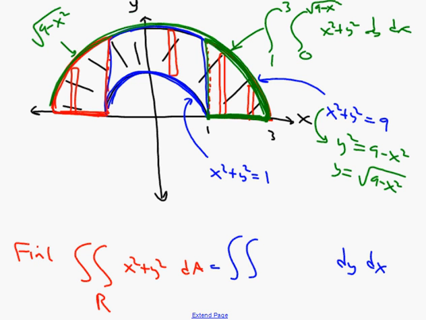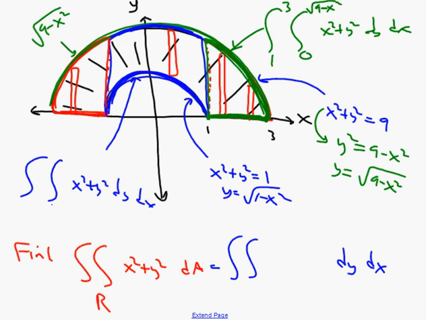Okay? Now we're ready to do the blue one in the middle. So double integral dy dx, x squared plus y squared. Y is varying from the lower semicircle to the upper semicircle. The lower semicircle has equation y equals the square root of 1 minus x squared. So that's what's going to be on the bottom here. And then on the top, you're going to have the square root of 9 minus x squared. And this will happen as x varies between negative 1 and 1. So there's your second integral.